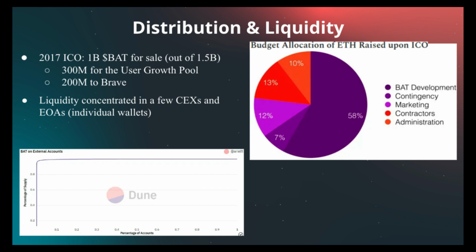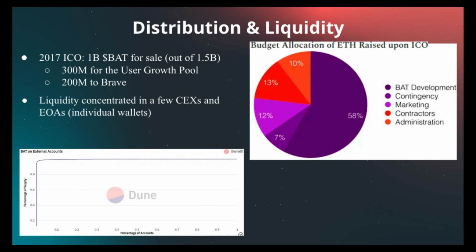If we take into account the full 1.5 billion BAT supply, then the top 1% of external accounts hold, I get, 66%, or something close to that. So that is quite a lot.